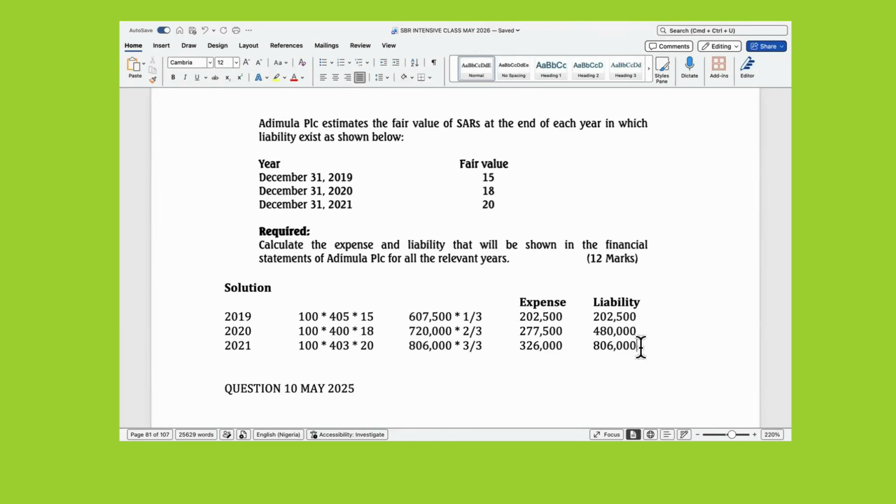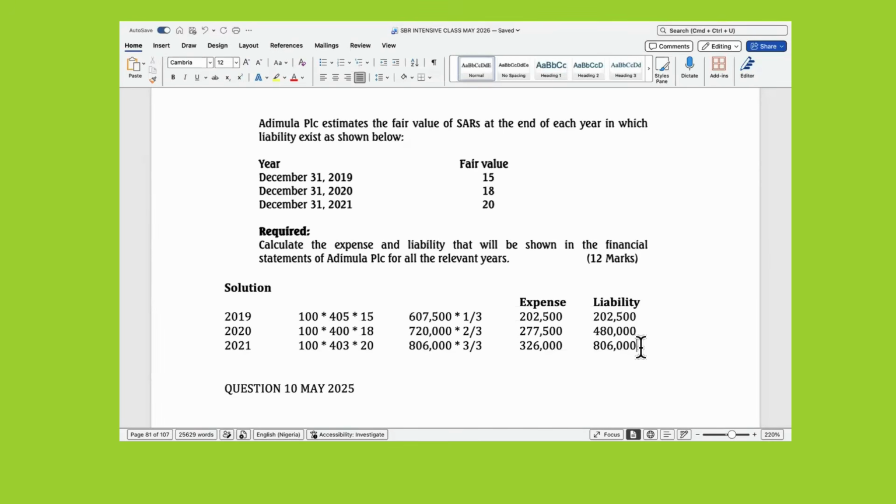Good morning, sir. Good morning. The question I was going to ask, you have already answered it. That is saying that if it were to be equity, the fair value at the grant date will be used.